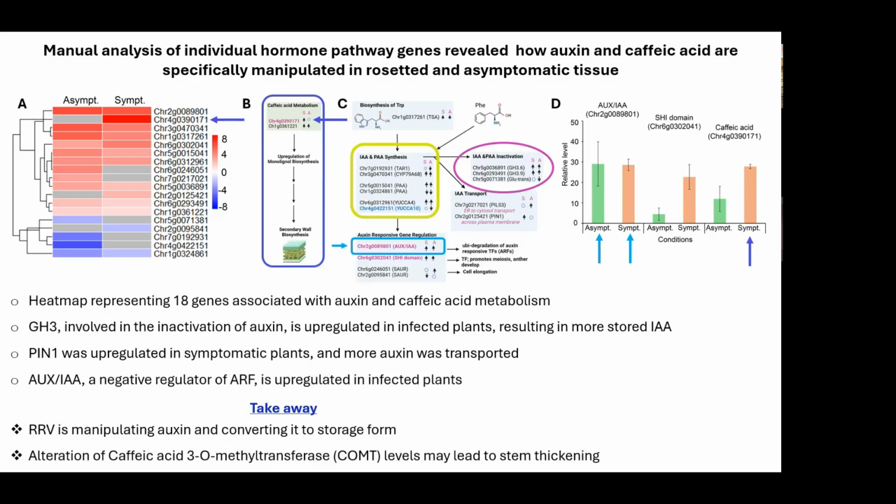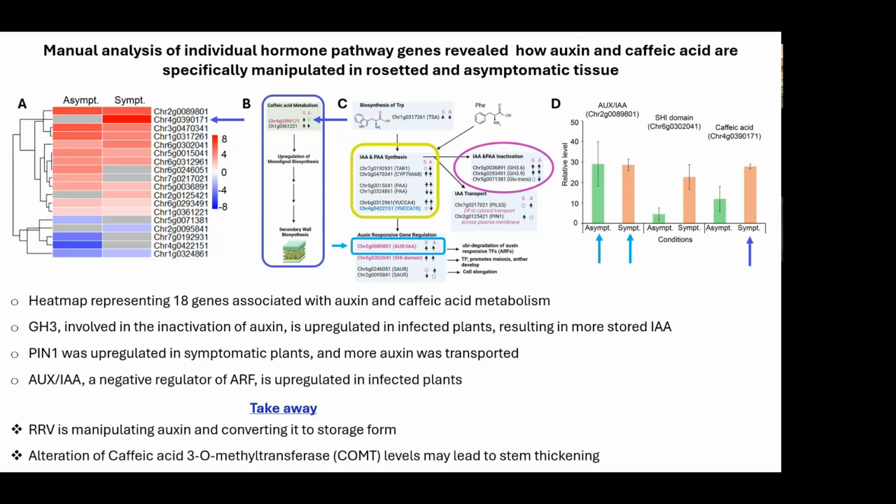Then we went ahead to look at the inactivation. We found three genes which are involved in converting the active IAA, or auxin, to an inactive form, and two of them were upregulated, and these are the Gretchen Hagen genes GH3.6 and GH3.9. They were upregulated in both conditions.